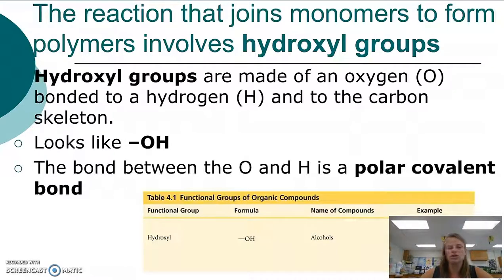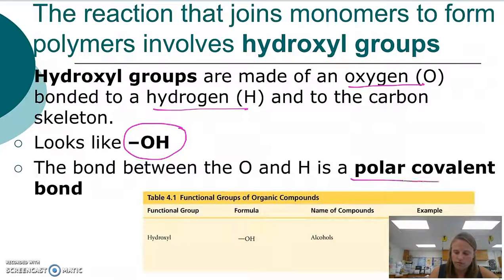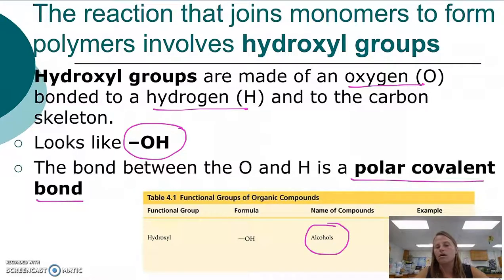The hydroxyl group is made up of the elements oxygen and hydrogen. Its structure is OH, where there is a polar covalent bond between the O and H, and alcohols are commonly compounds that contain this group.